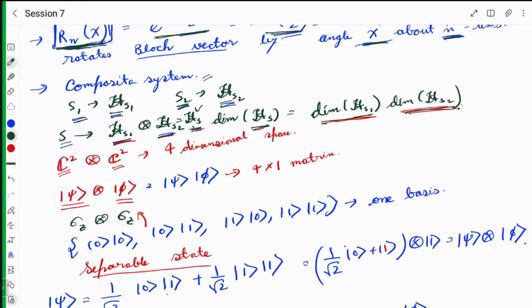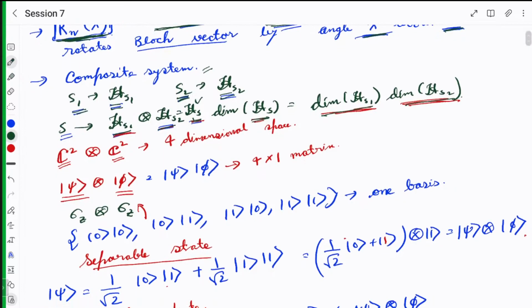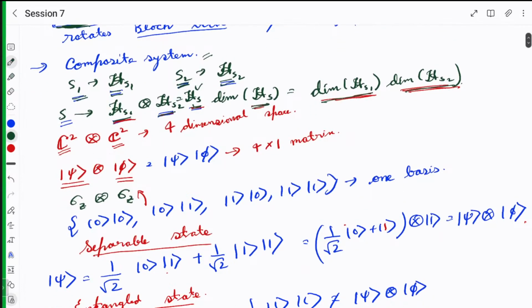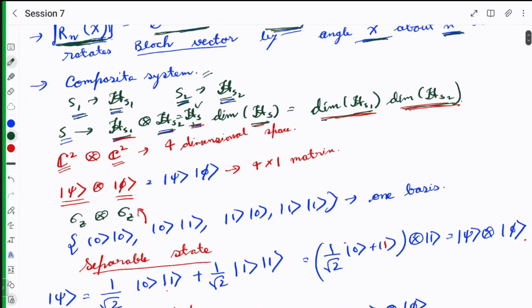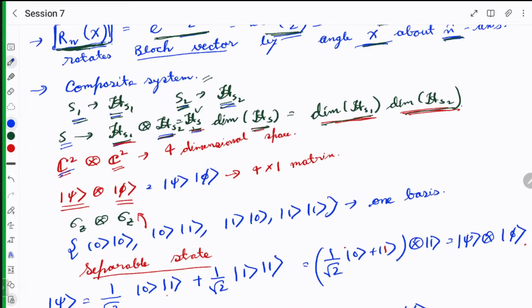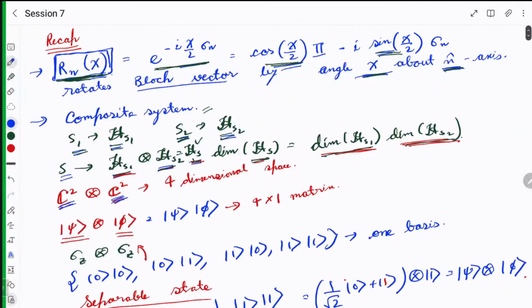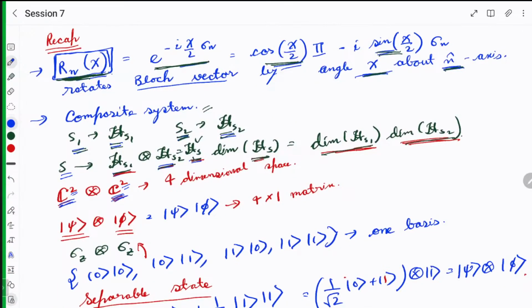In our specific case, we had a system consisting of 2 qubits. The Hilbert space corresponding to one qubit is C2, and the Hilbert space corresponding to the other qubit is also C2. So the composite system Hilbert space is C2 tensor C2. Since the dimension of each is 2, the dimensions get multiplied, and this is a 4-dimensional space.